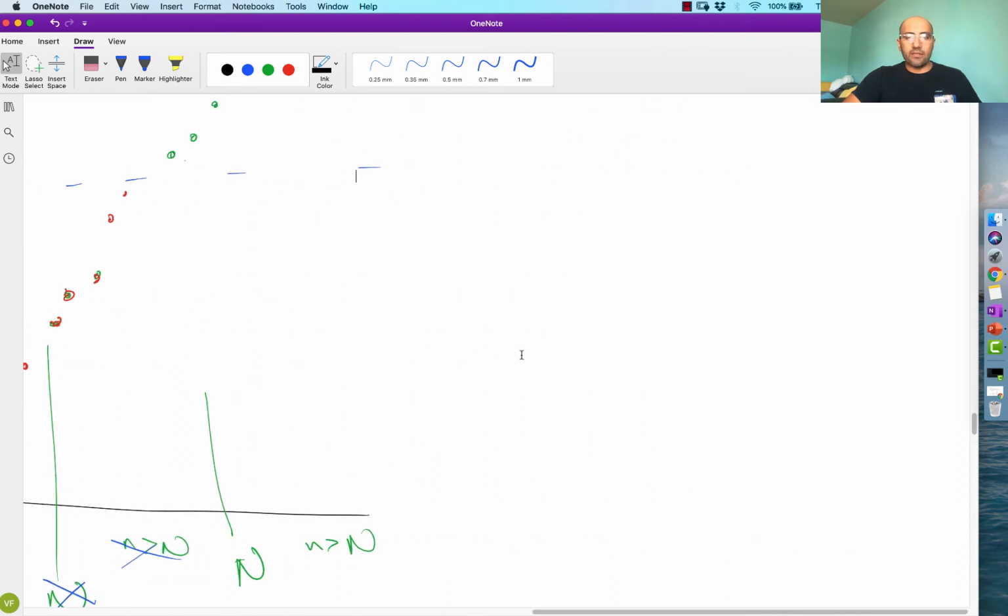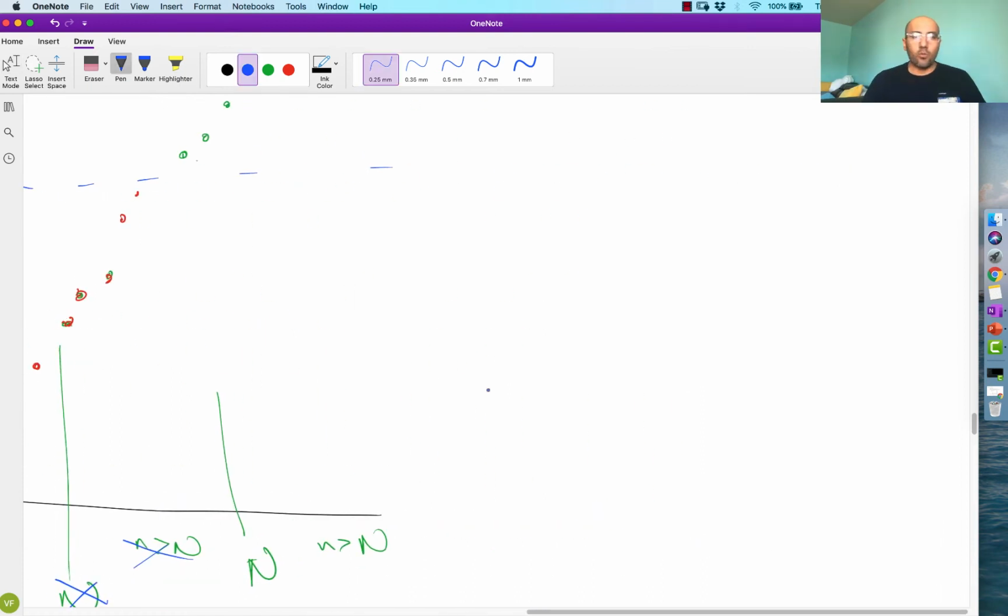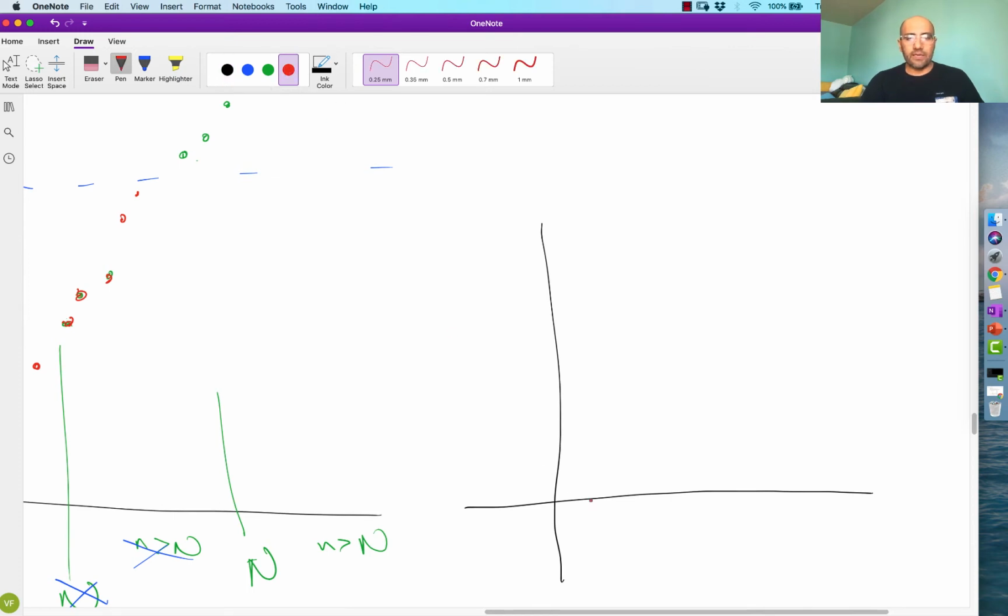Notice that there could be this weird case where they oscillate in a way that might be a little misleading. For example, it could be that these things oscillate this way, like maybe they go up, and they come down, and then they go up, and then they come down.